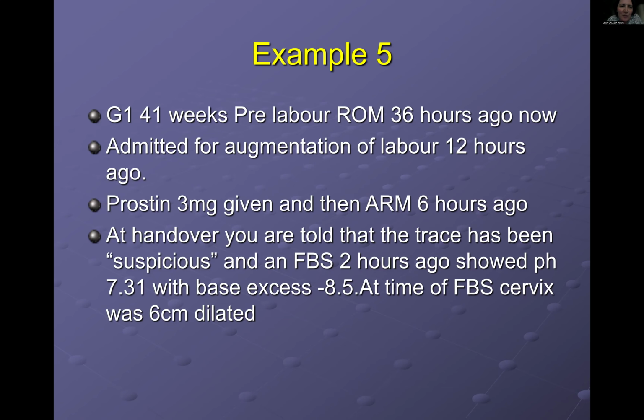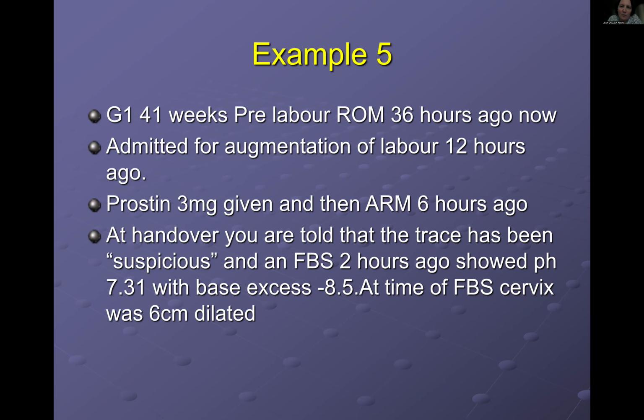Okay? So we've got a primip at 41 weeks. She ruptured her membranes 36 hours ago, at home. By the time she arrived at hospital, 36 hours had passed. Now they're going to start augmenting labor. Actually, they started augmenting labor 12 hours ago, so she arrived at hospital about 24 hours after rupture of membranes.